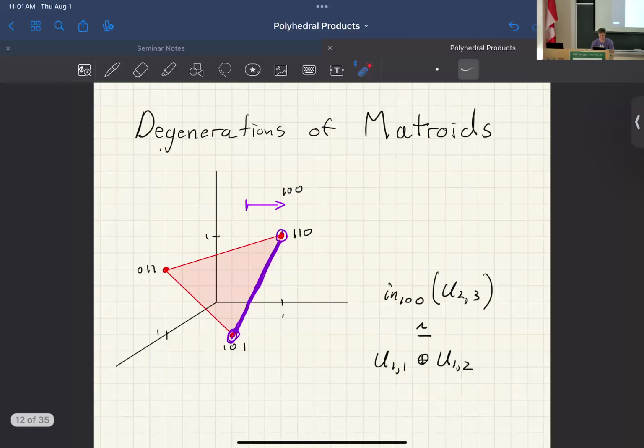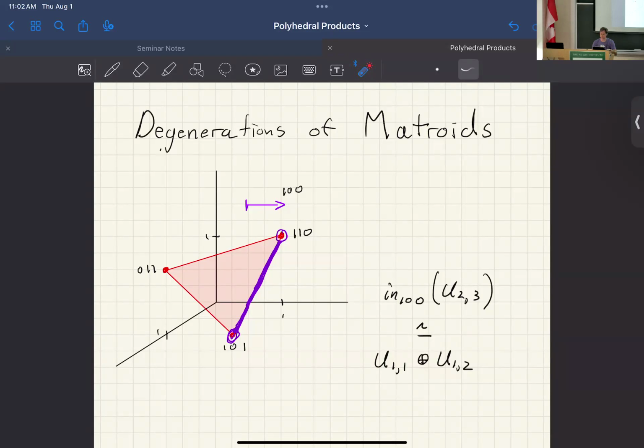So here's the example, combining the two pictures from before. If we take 1, 0, 0, which is one of the directions in our Bergman fan, and we maximize it on the matroid polytope, we get this edge, 1, 1, 0 and 1, 0, 1. Those two sets form a basis system for the matroid U11, the uniform matroid of rank 1 on 1 element, and U12, the uniform matroid of rank 1 on 2 elements.